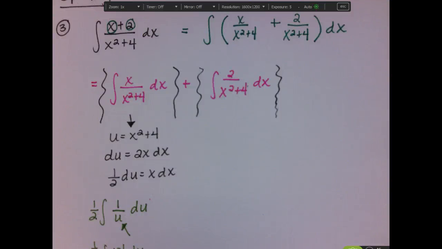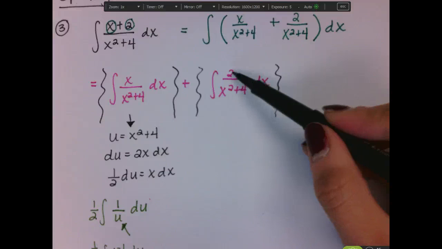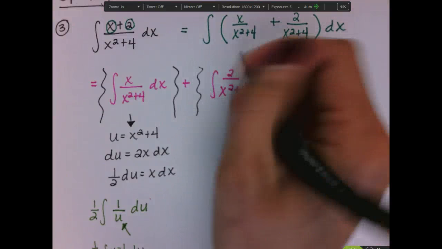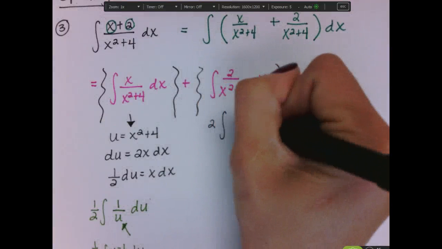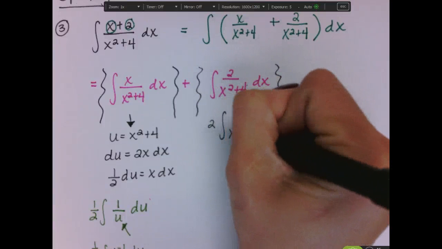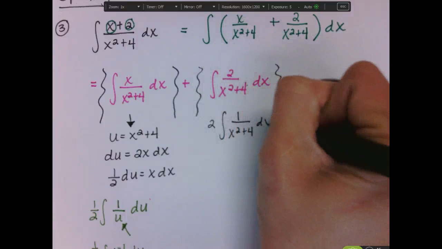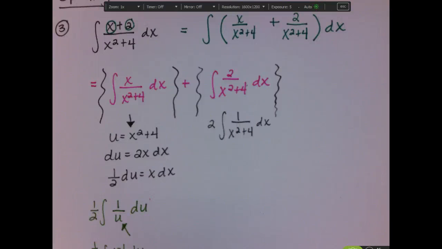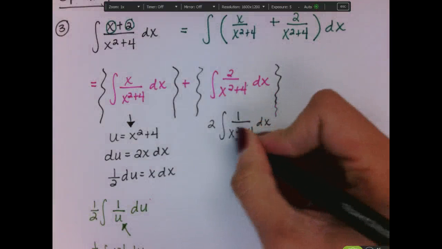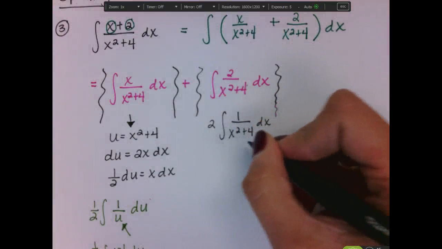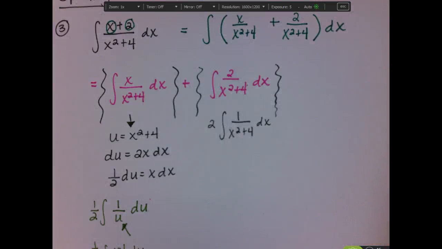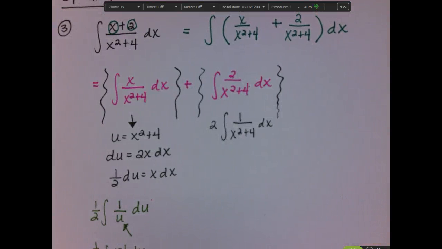So here we have 2 times 1 over x squared plus 4 dx. And 1 over x squared plus 4 kind of follows a specific format of a specific integral.